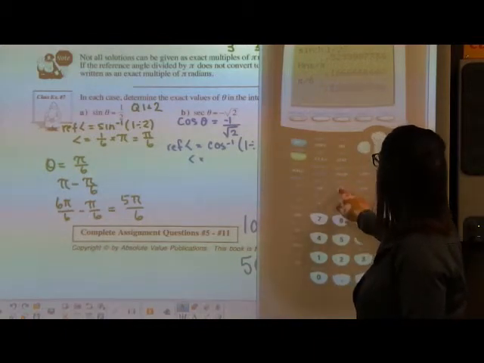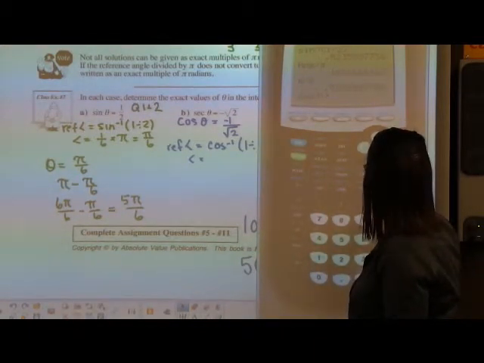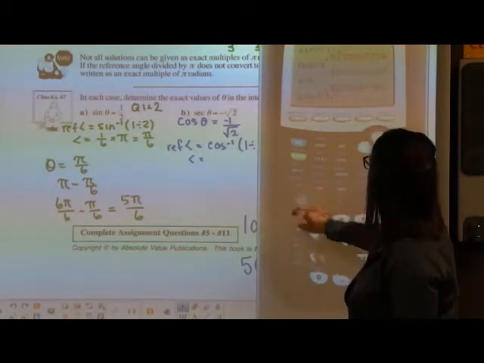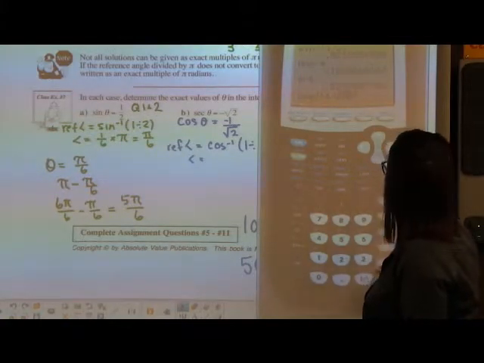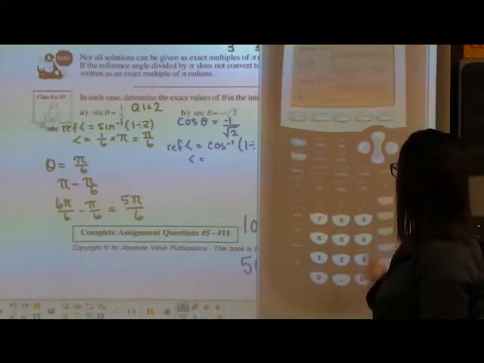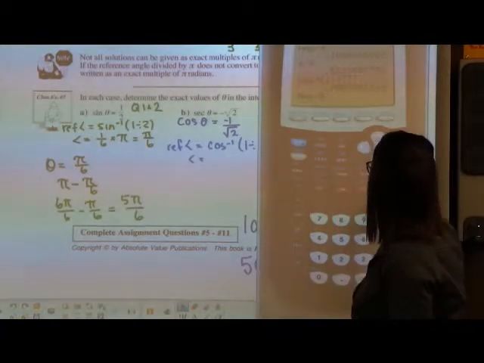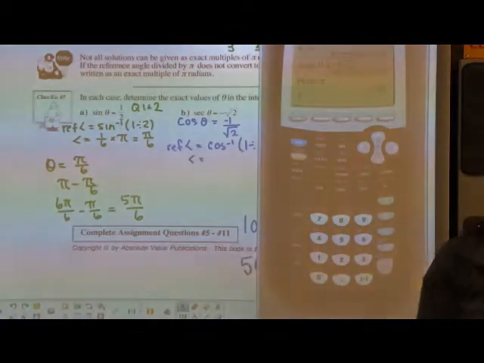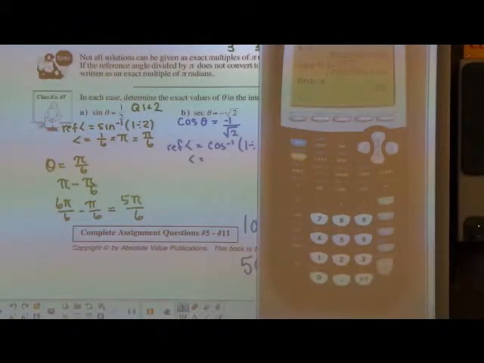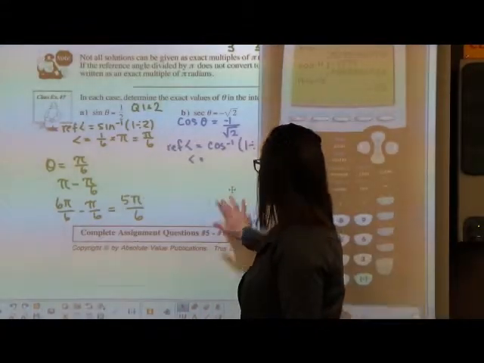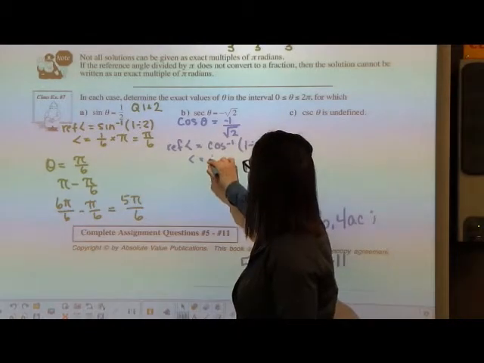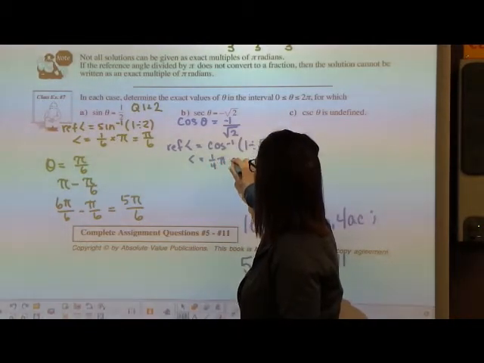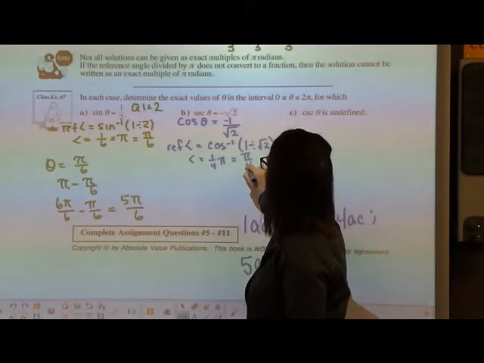So cos inverse 1 divided by root 2, and then divide that answer by pi, and I get 0.25, which as a fraction is 1/4. So my reference angle becomes 1/4 pi, which I then write as pi over 4.